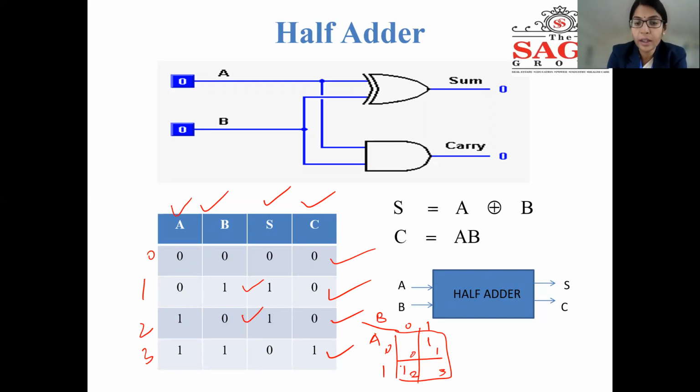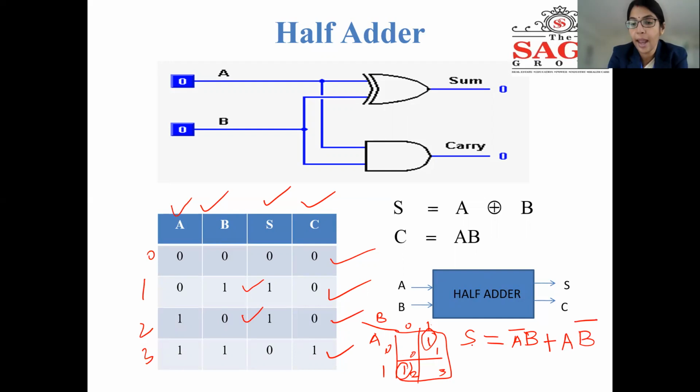No combinations are possible in this case, so we will take the terms individually. So S equals: here the value of A is 0, so we take A bar, and the value of B is 1, so A bar B, plus here the value of A is 1, so we take A, and the value of B is 0, so we take B bar.